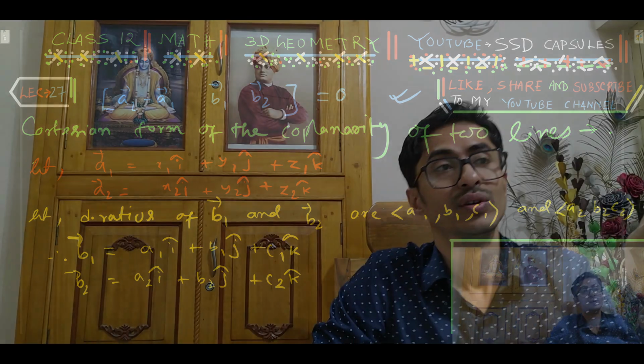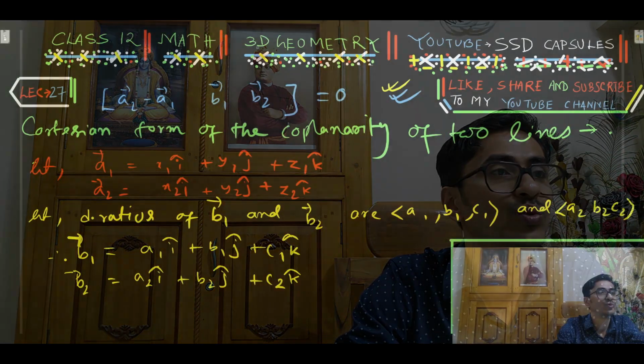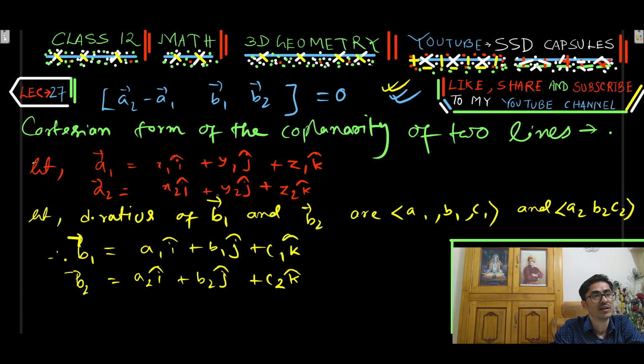So now we simply put the values. Here it is a box product, so we know that it can be written in the form of a determinant. So just put the values in the determinant. A2 minus A1 vector means x2 minus x1 i cap, y2 minus y1 j cap, z2 minus z1 k cap, and for B1 and B2 we take the components from here.